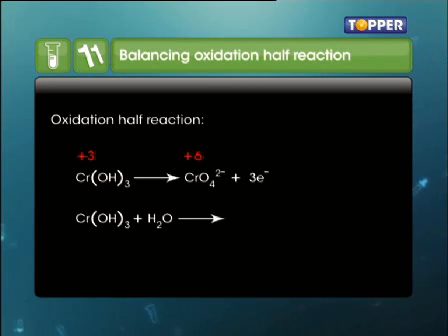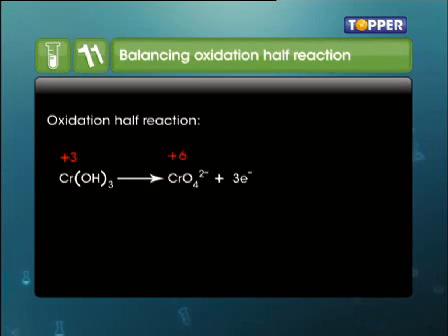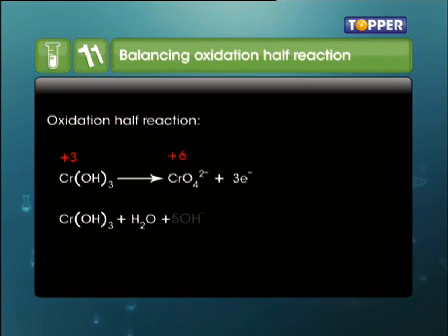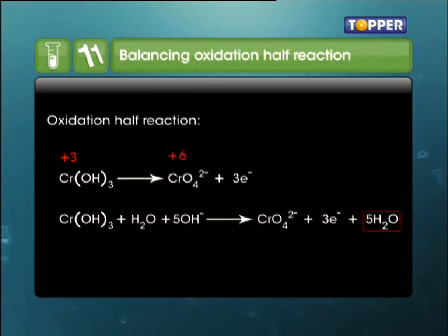Then we balance oxygen atoms by adding 1 water molecule to the reactant side. But balancing hydrogen atoms depends on whether the medium is basic or acidic. First, we add an appropriate number of water molecules to the deficient side and an equal number of hydroxyl ions to the other side.